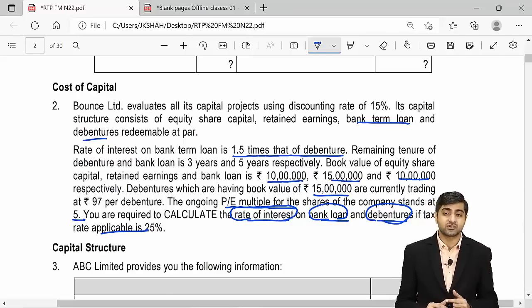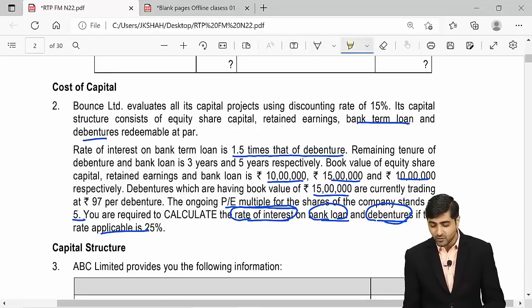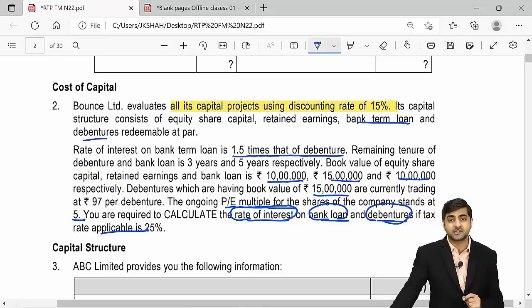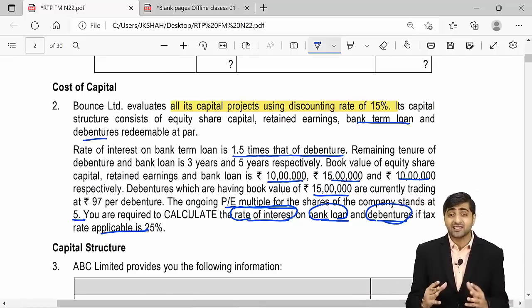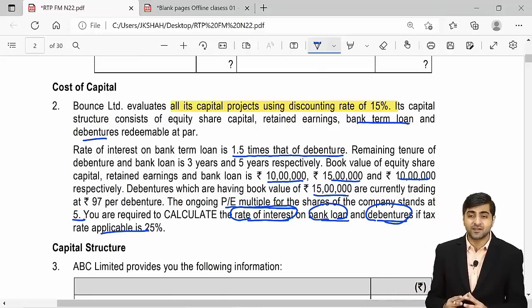of your debentures also. But guys, the best part is the first line of the question, in which it is specified that it evaluates all its projects using a discounting rate of 15%. Which actually means that the company has a cost of capital of 15%. So it has your weighted average cost of capital which is available as 15%.